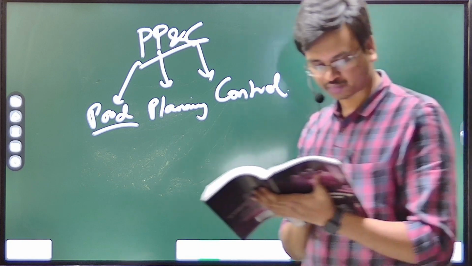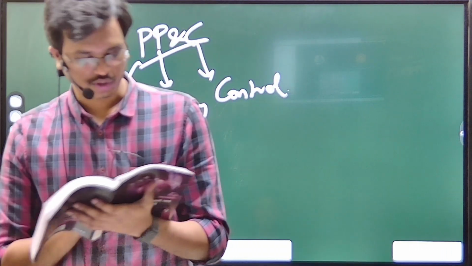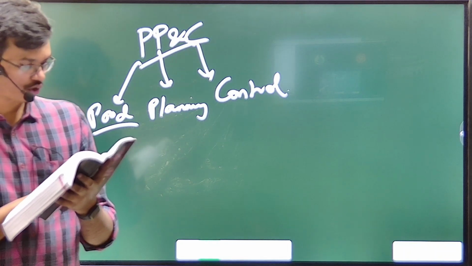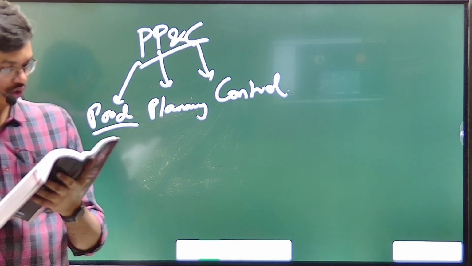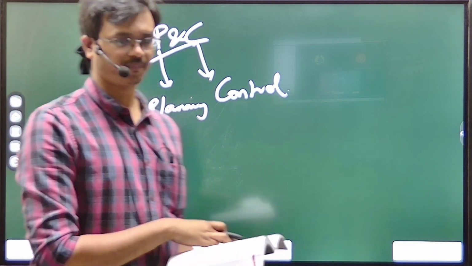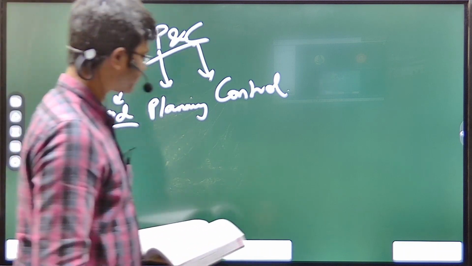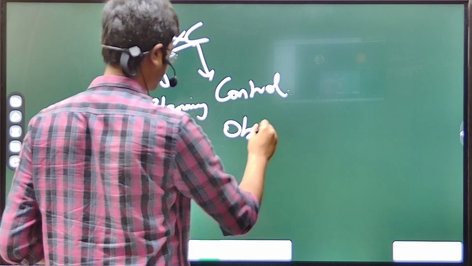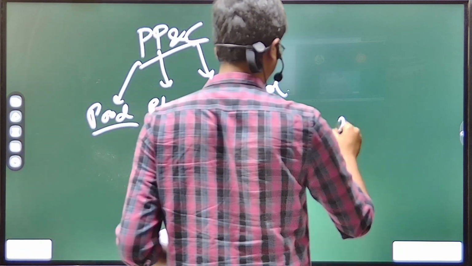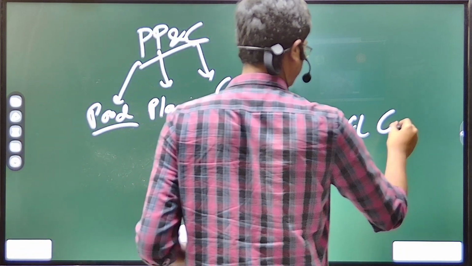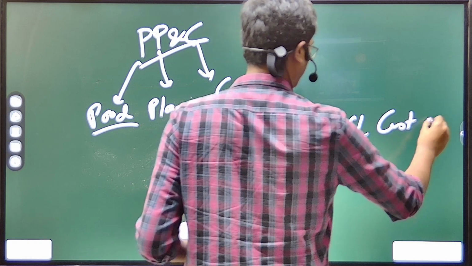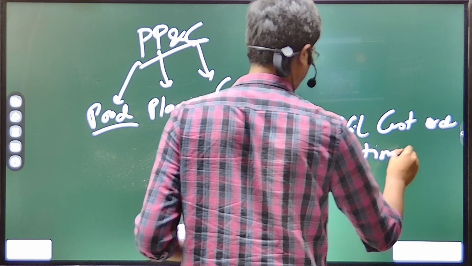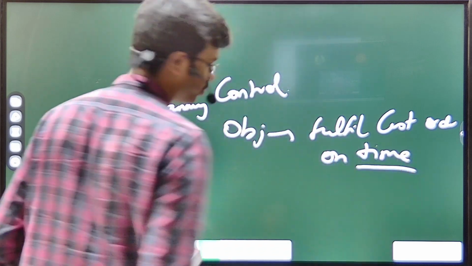So the main objective of PP&C is to deliver the products to customers or to inventory stocks according to some predetermined schedule. So the main objective is to fulfill customer orders on time, it's a predetermined schedule.